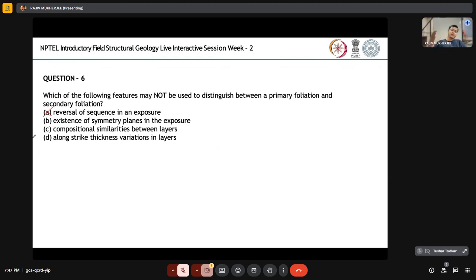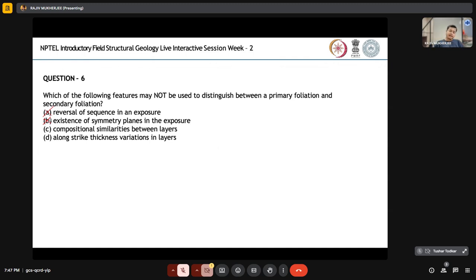If you have a very tiny Brunton compass and you can measure the attitude of each of these limbs of the crenulation cleavage, and plot them in a stereonet, you will see that the angles are equal, and the S2 foliation plane is obviously a plane of symmetry, right? So for the purpose of question 6, B is also not the correct answer.